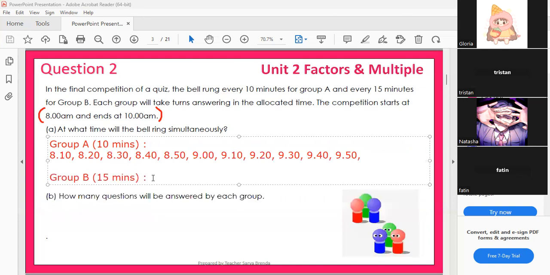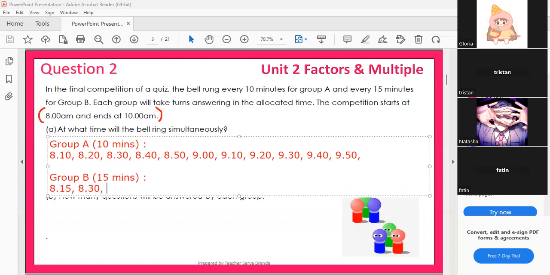Now we are going to do Group B's time pattern. Now remember, Group B is also going to start at 8 o'clock. However, they will only answer at 8:15. Got it? Next, they will answer at 8:30.